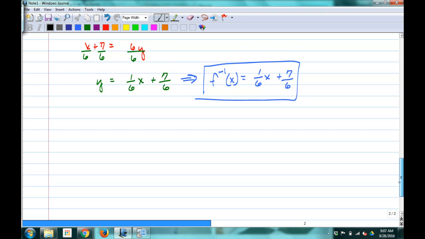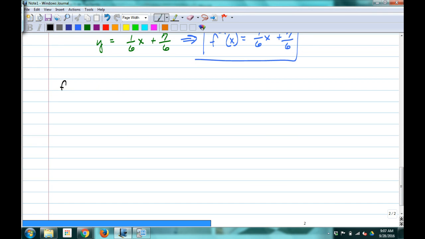Okay. Let's look at one that's a little bit more difficult. Here's our function. Okay. What do we know about that function? Is there a restriction on the domain of that function? Yeah, it's x can't be 1, right? We know that about it.